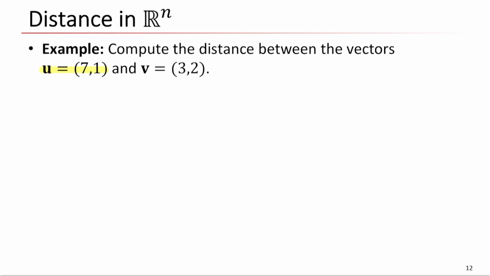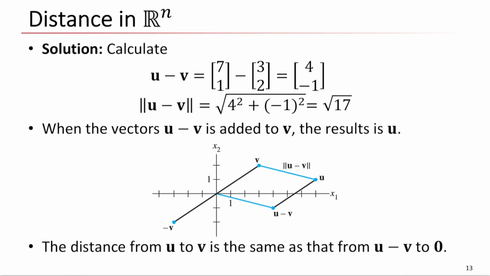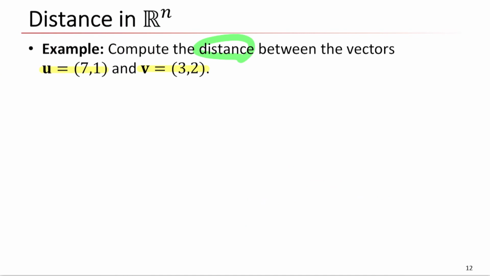Let's say we have the vectors 7, 1 and 3, 2. Then let's compute the distance between them. Okay, let's do that. First of all, if you draw the 2D space, vector U is something like this, right?